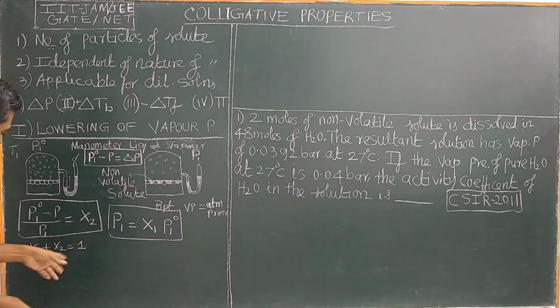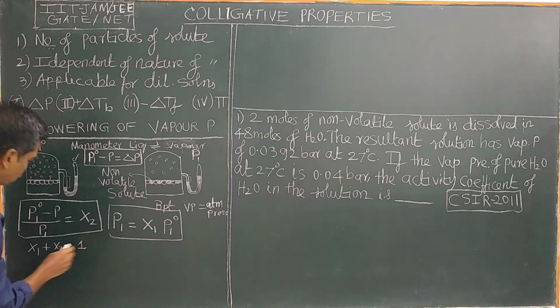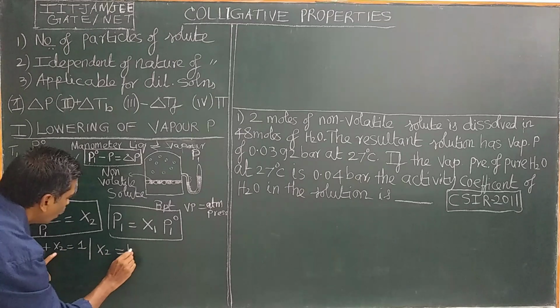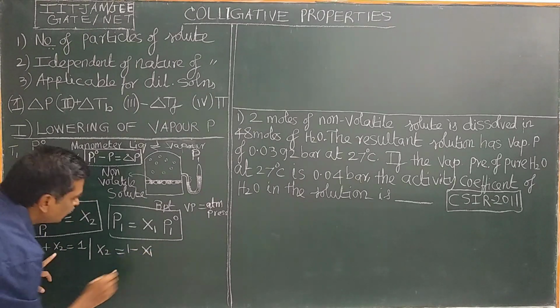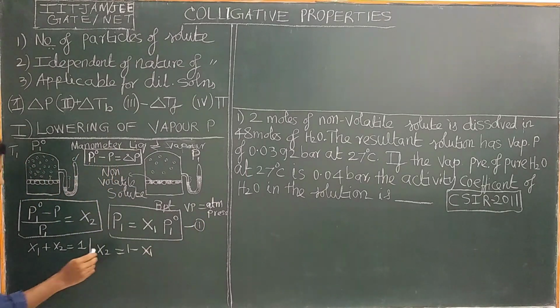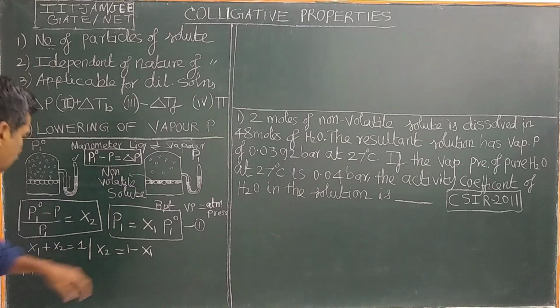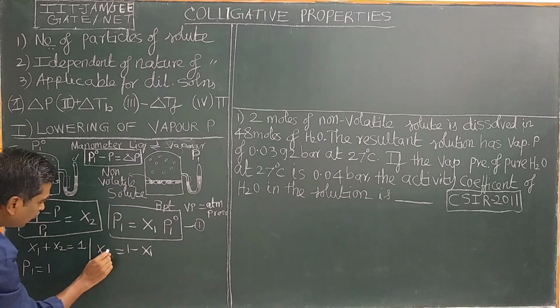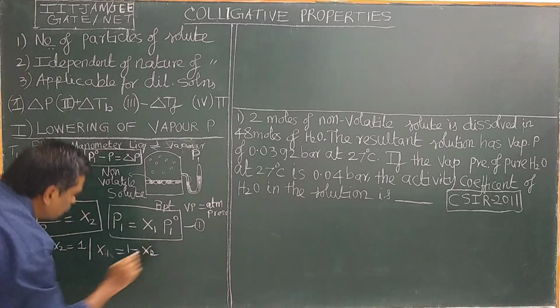Therefore, x1, the mole fraction of the solvent, plus x2, the mole fraction of the solute, equals 1. The total mole fraction is always 1. Now, what is x2? x2 equals 1 minus x1, so x1 equals 1 minus x2.